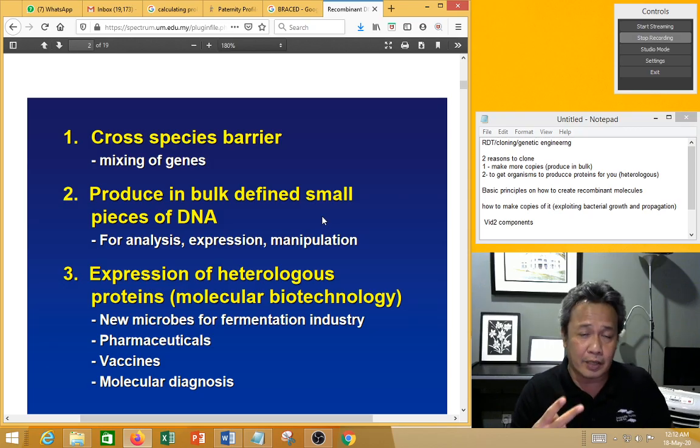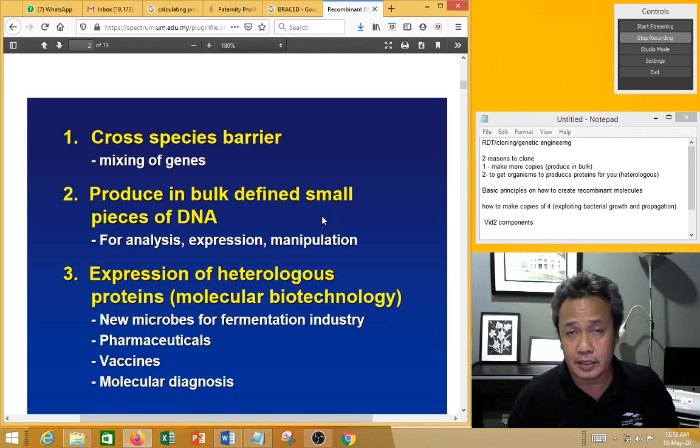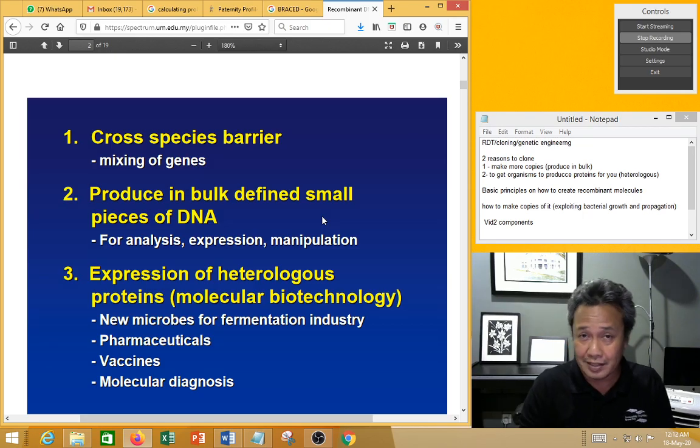The second reason why people clone is actually to produce, as I mentioned earlier, particular proteins, and this is called heterologous protein expression. Heterologous means hetero is a combination of different, unlike homologous. Chromosomes are homologous. So heterologous means that in that particular organism, it has a foreign DNA.